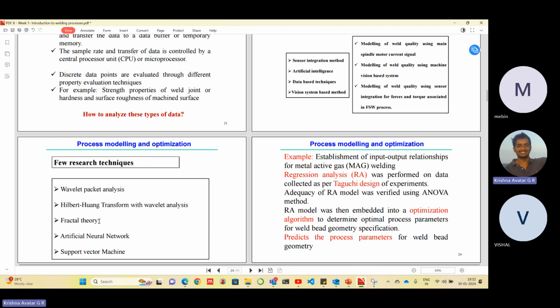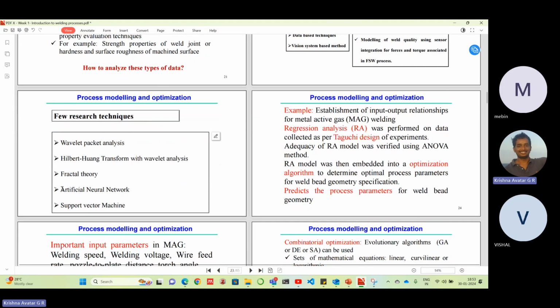Fractal theory is the theory where configurations tend to repeat no matter how much we zoom in. And in the contemporary world, there is also growth in the use of artificial neural network approaches, and even support vector machines, all of which are part of what we call machine learning techniques.